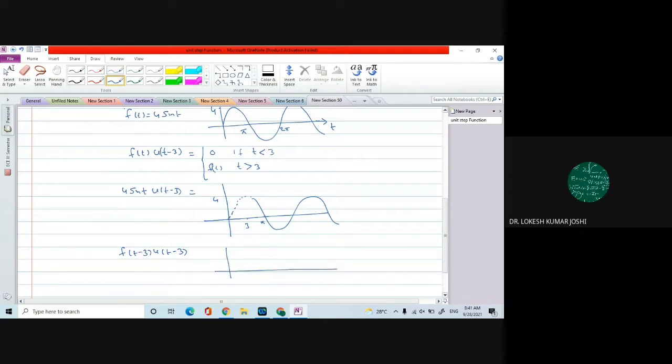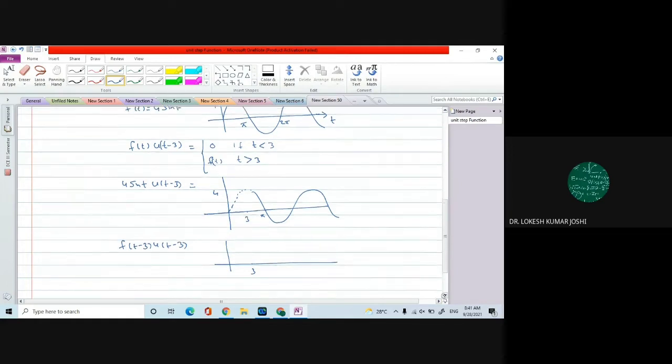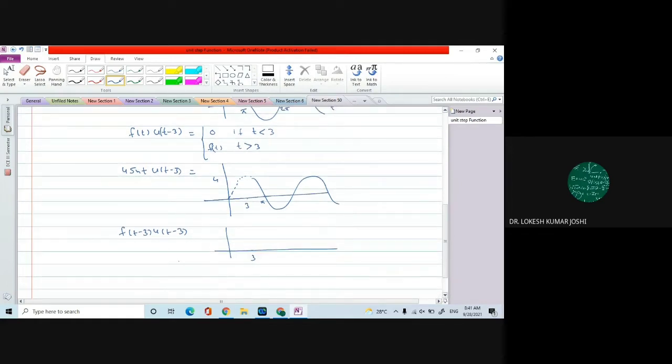Once again, f(t) equals 4 sin t, and our function is shifted 3 units to the right. Why? Because its value will be f(t minus 3) whenever t is greater than 3, and its value will become 0 whenever t is less than 3. Therefore, the given function is shifted by 3 units to the right, and it is denoted like this.